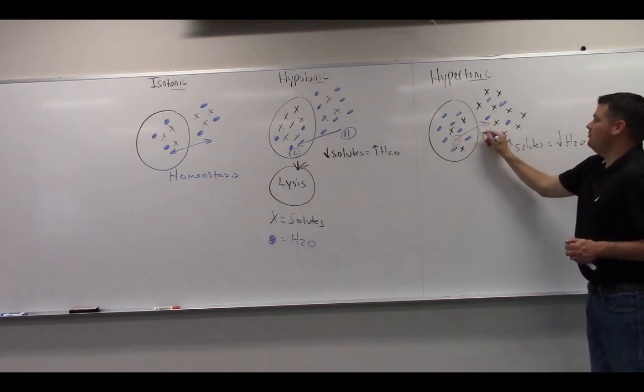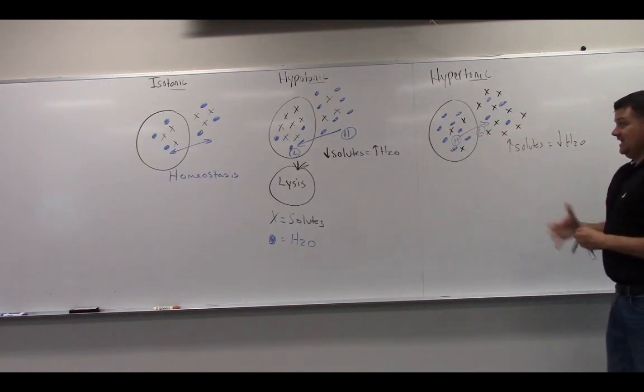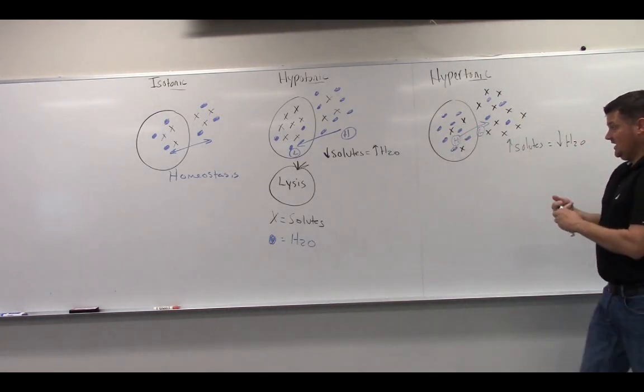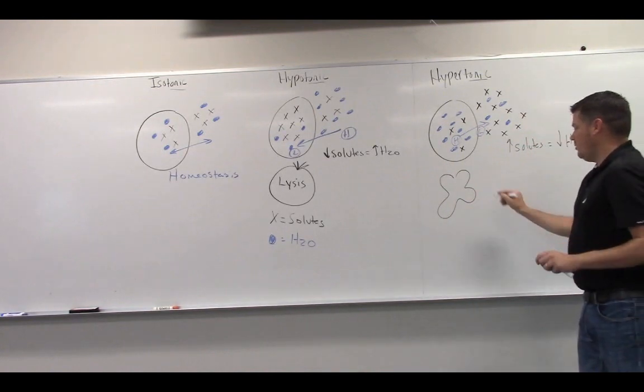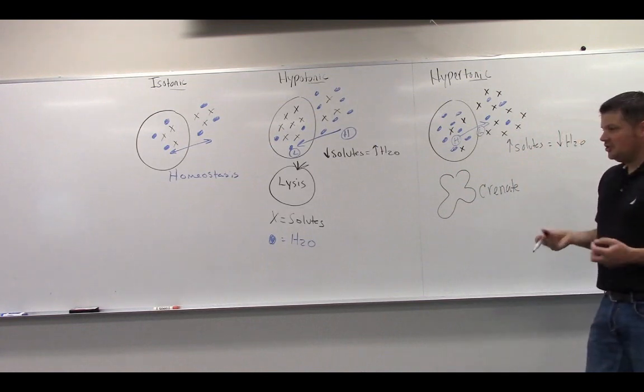So we get water that moves from the inside of the cell towards the outside. What happens, and again this is very dramatic, it's very fast, when this happens, the cell shrivels up like this, and we call that the cell has crenated, or crenation.